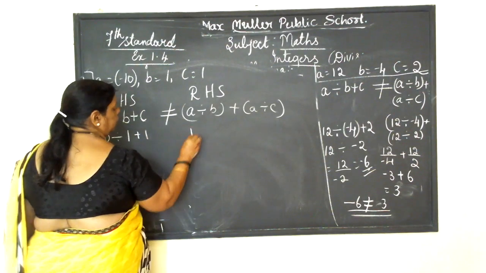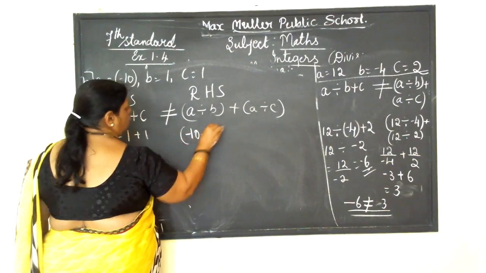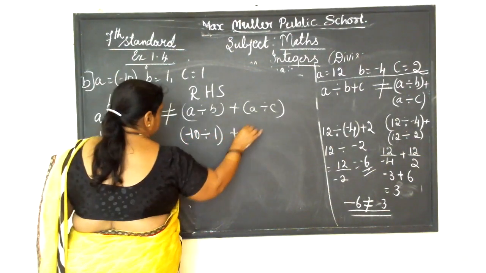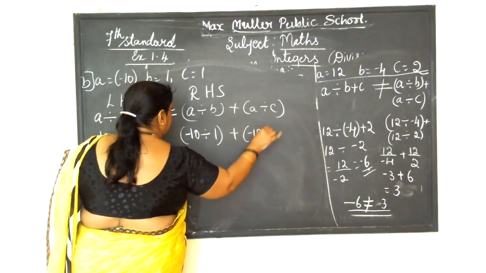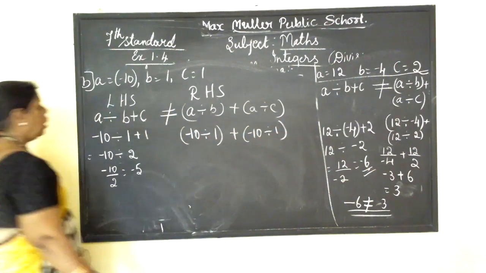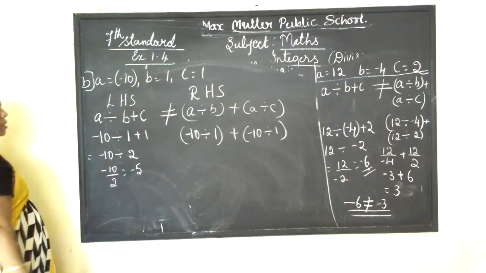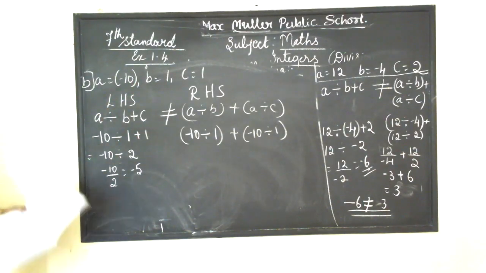Here minus 10 divided by 1, plus minus 10 divided by 1. Did you understand? Here both are positive only. 1 plus 1 is 2.